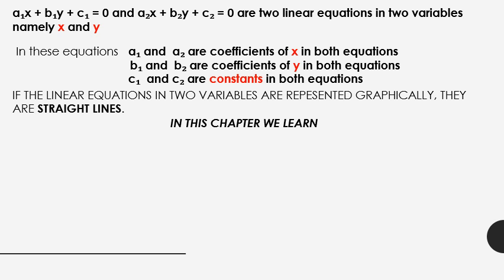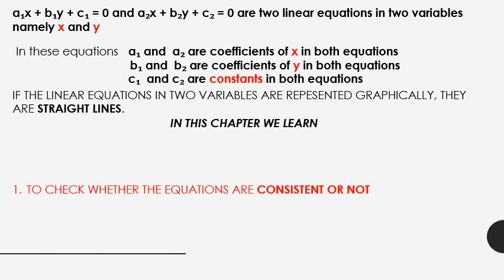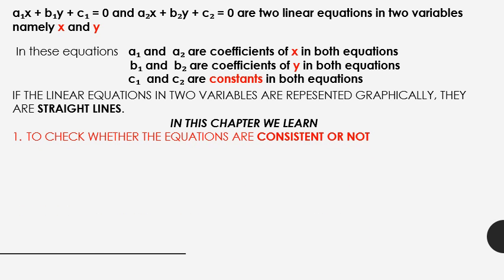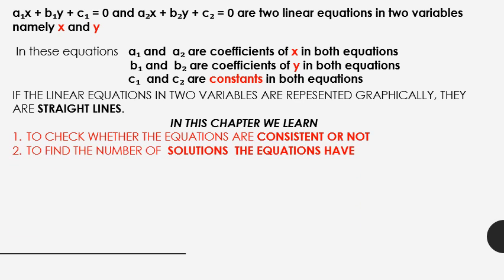Now, what do we learn in this chapter? In this chapter we are going to check whether the given two equations are consistent or inconsistent, etc. Next, we find the number of solutions the equations have.